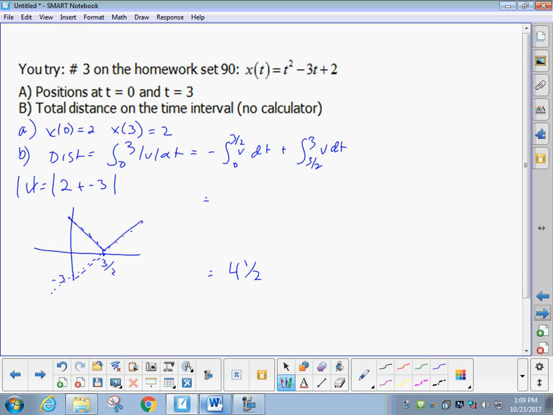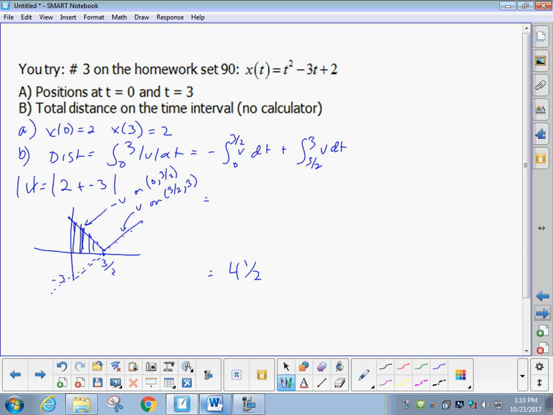Yeah, I get it. So because of that, the first equation without absolute value would actually be the opposite of v on 0 to 3/2. And this part was not flipped, so it's normal v on 3/2 to 3. So I integrate two different things, really.